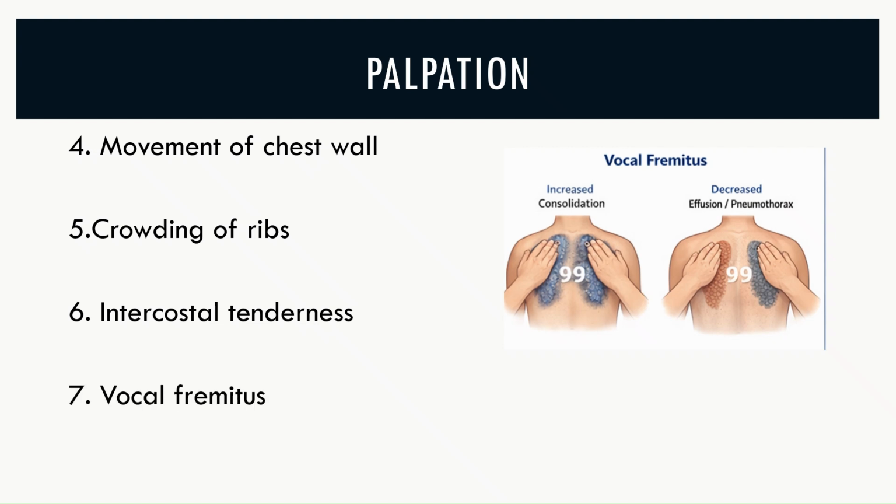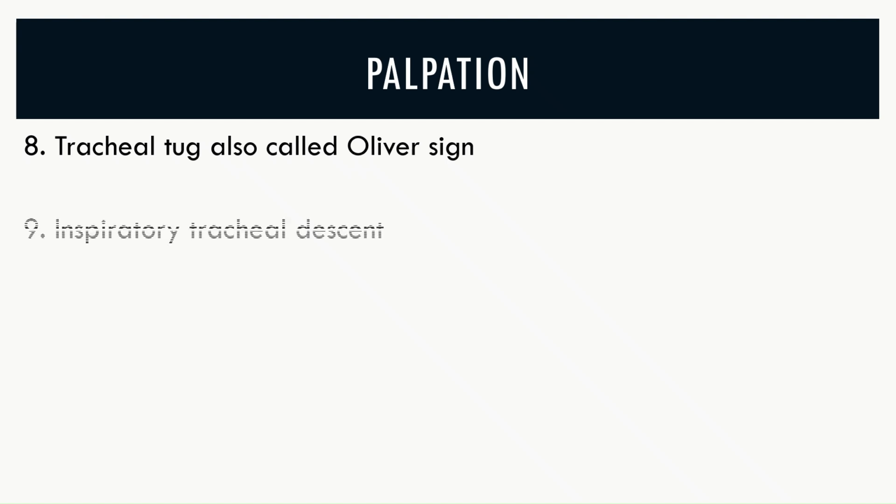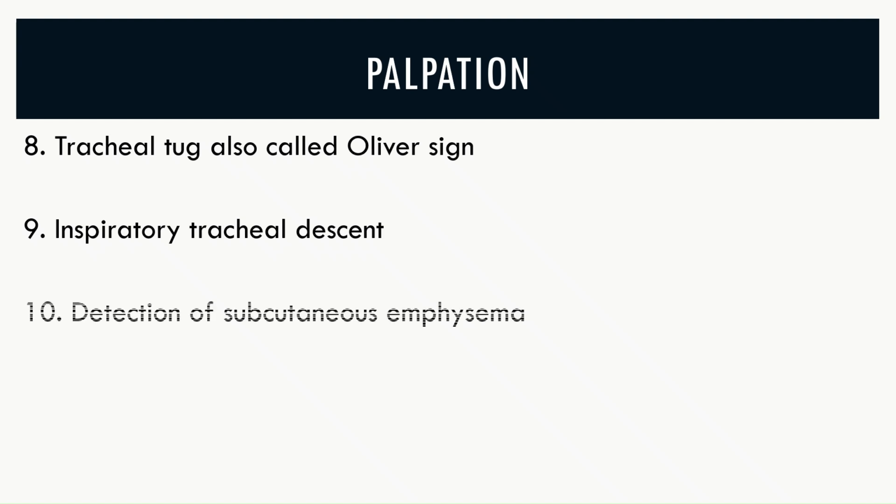Vocal fremitus and tactile vocal fremitus should be assessed because they increase in consolidation and decrease in pleural effusion or pneumothorax. Tracheal tug, also known as Olivier sign, should be assessed. Inspiratory tracheal descent should also be noted.